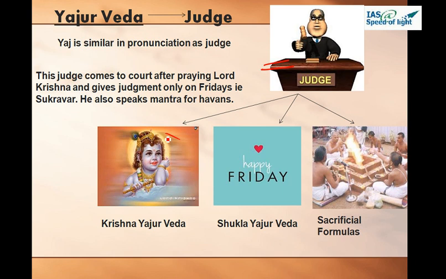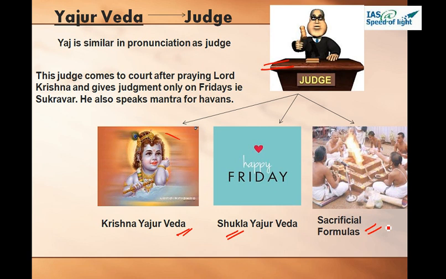This Yajurved actually has two parts. One is Krishna Yajurved and one is Shukla Yajurved. And it talks about the sacrificial formulas for the Havans, right? So whenever this judge comes to the court to give any judgment, he prays to Lord Krishna to give him the sense of fine judgment, so he can do justice to the innocent people, right?